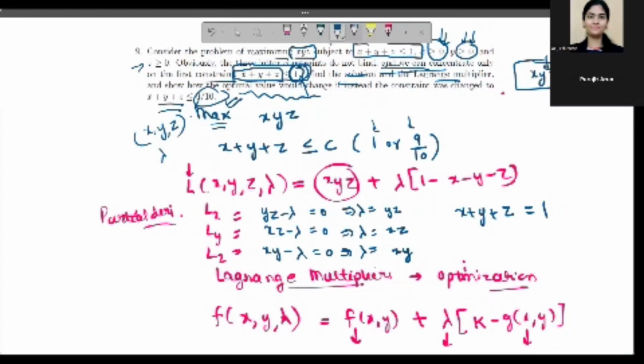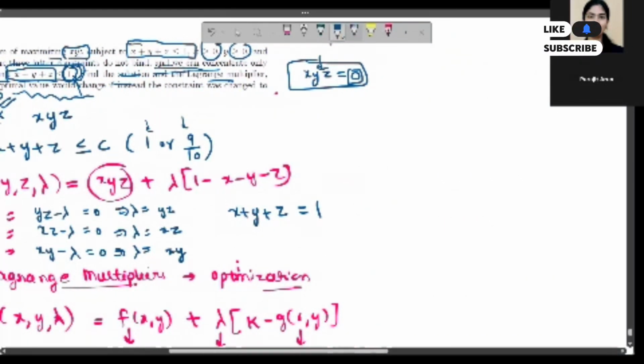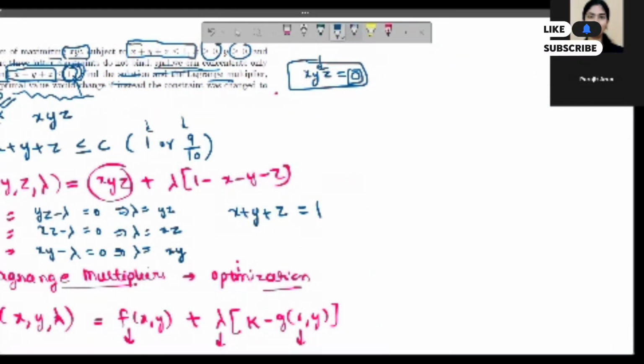Ma'am, so I'll remove lambda: yz minus lambda equals 0 and xz minus lambda equals 0, so yz minus xz equals 0, z times (y minus x) equals 0.